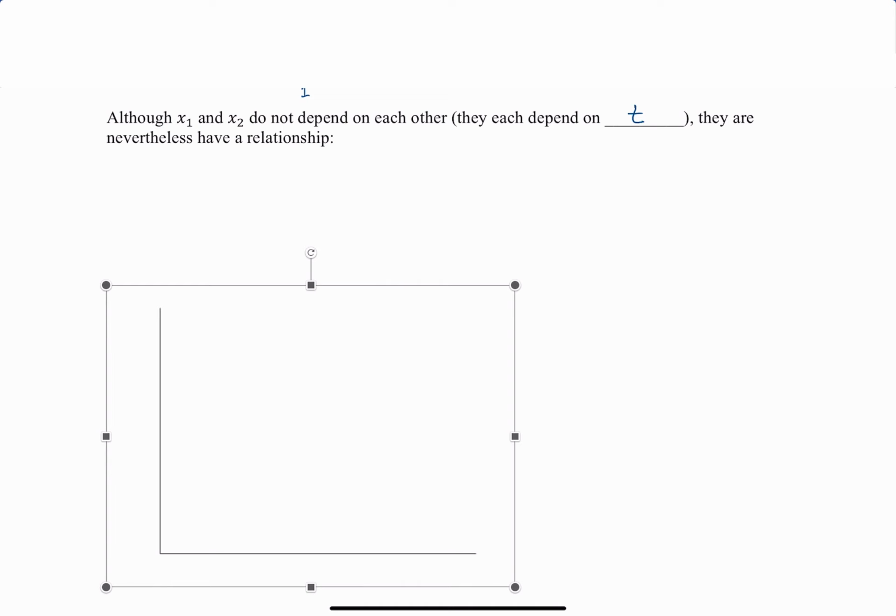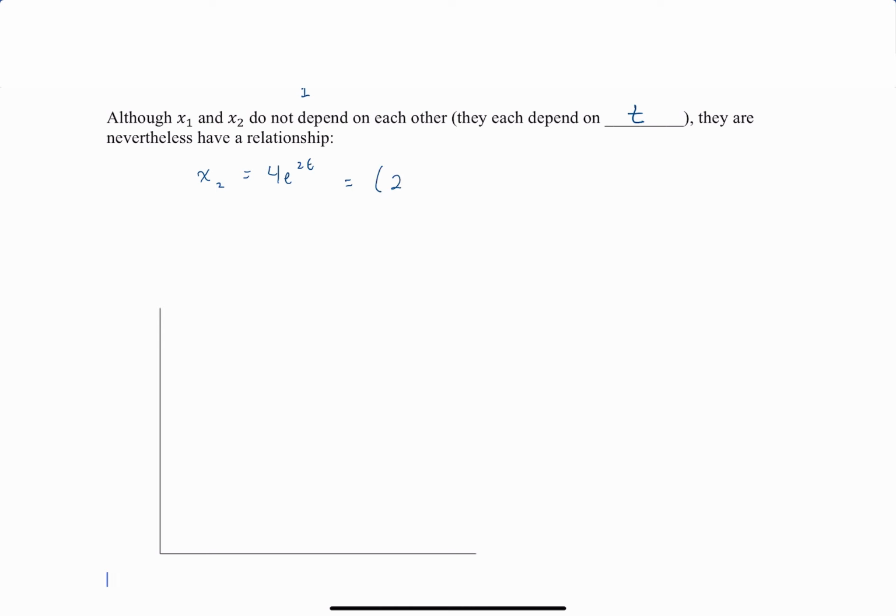So notice that x2, that's our 4e to the 2t, we could get that by taking 2e to the t and squaring it, right? Because if I did that, I'd have 2 squared e to the t squared. 2 squared is, of course, 4, and our rules for exponents tell us if I have a power raised to a power, I multiply the powers.